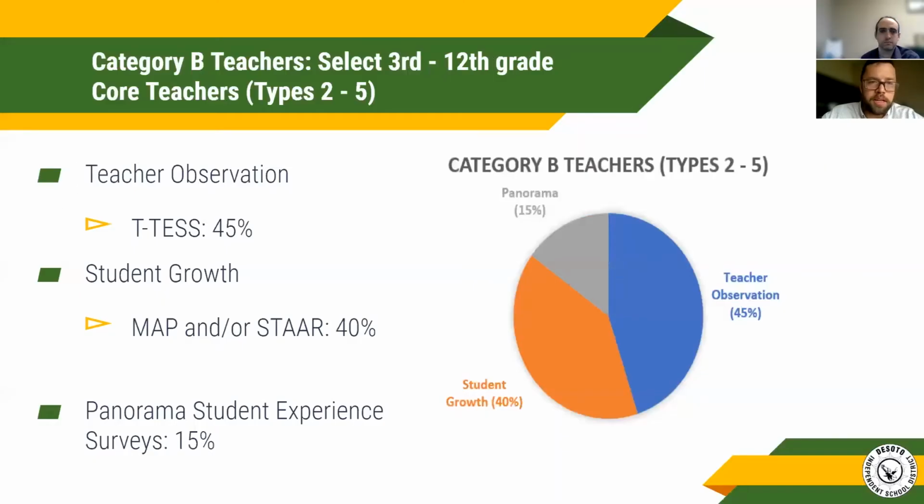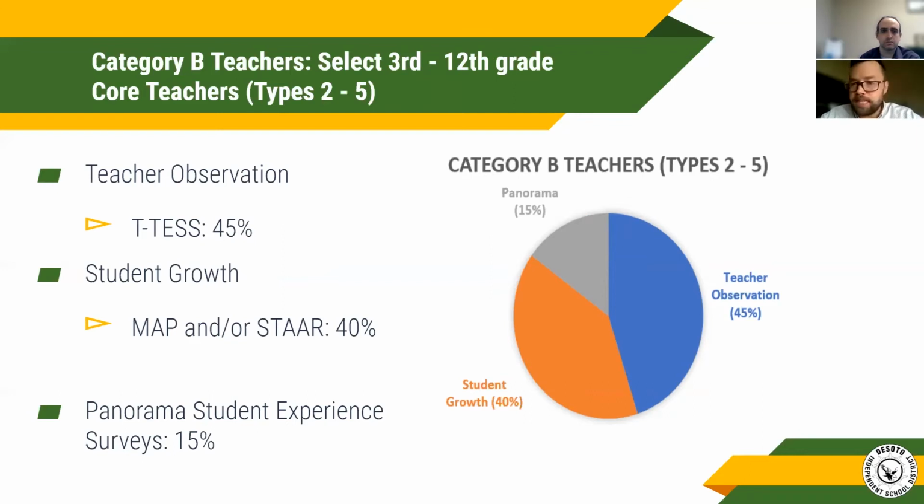You go to the next one, Josh. Everybody else is a category B teacher, which is 3rd through 12th grade core teachers in specific subjects. And there are 5 different types that you might fall into. But regardless of which type, which we'll dig into shortly, your TIA aspect is comprised of 3 components.